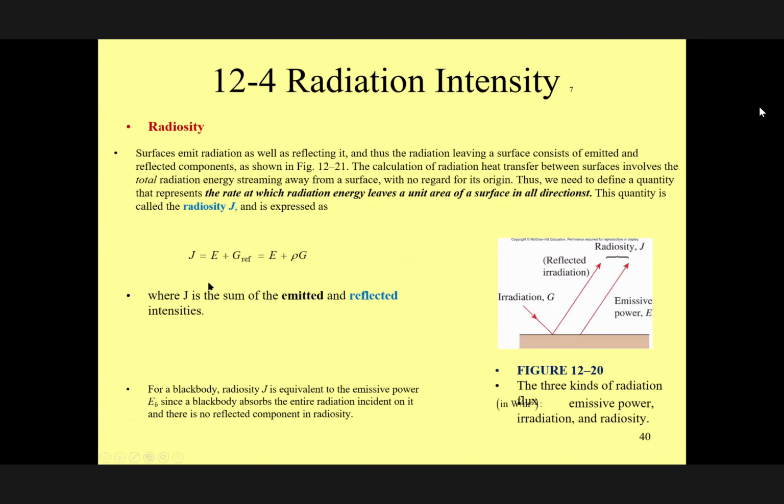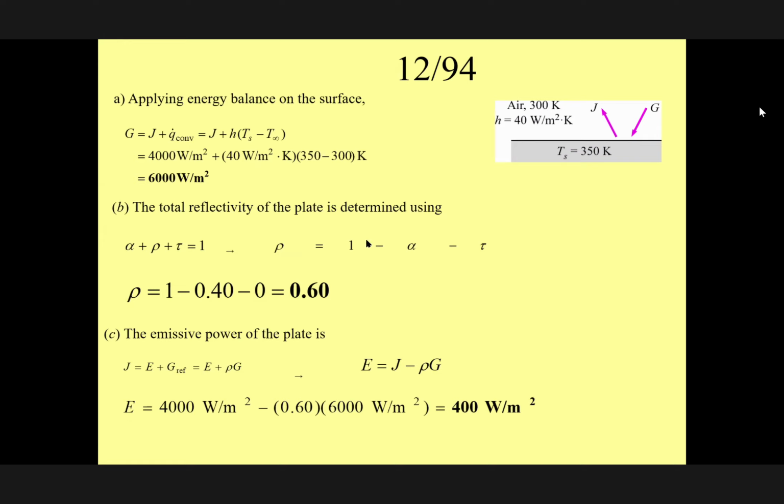Understand that radiosity is the total of emitted and reflected. This is G; the summation of these two is called radiosity. Let's look at the problem. Oh, I'm sorry, I gave you all the solution. Therefore, I have to write a simple energy balance. Some energy, G, is coming here.